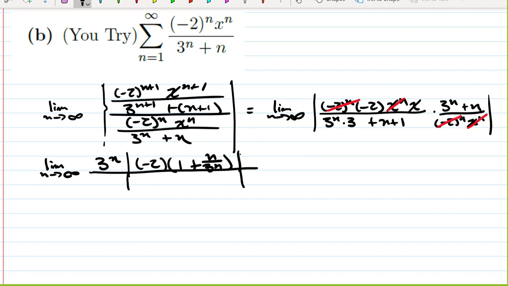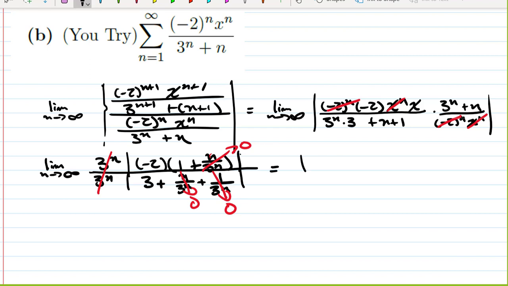If I factor out a 3 to the n, that's going to leave behind a 3 plus n over 3 to the n plus 1 over 3 to the n. And then our 3 to the n's reduce out. And if we take the limit as n goes to infinity, an exponential beats a polynomial, so that goes to 0, 0, and 0. You can use L'Hopital's rule if you wish.